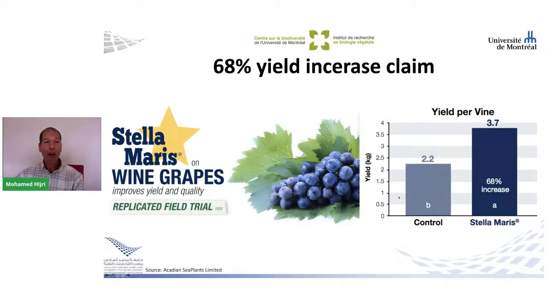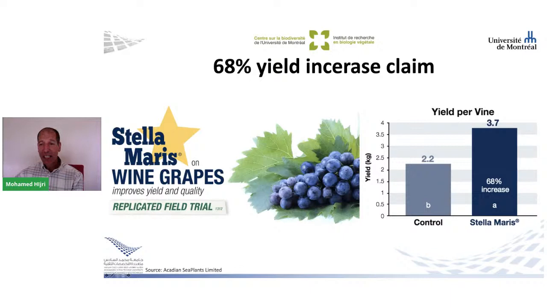Acadian Seaplants was commercializing that product, and the claim was that it works. As you can see here from the vine, the seaweed extract might increase yield by 68%, which is really enormous. For me, when I saw this graph in the beginning, it was very hard to believe.